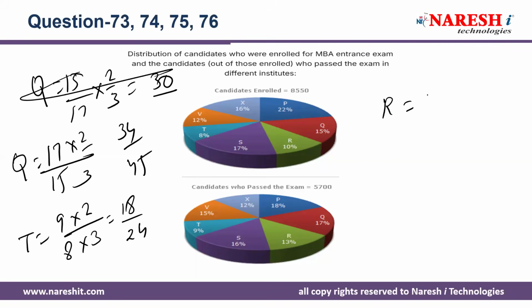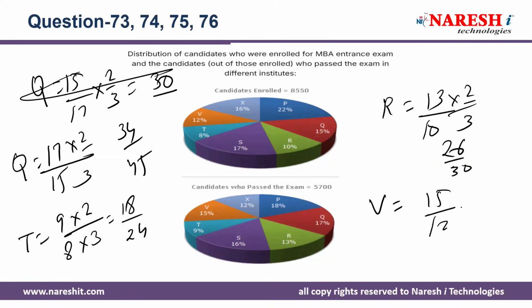R is 13 by 10 into 2 by 3, which is 26 by 30. Next, which is the last one? V: 15 by 12 into 2 by 3, which is 30 by 36. Right? Now tell me out of these four values, which has the smallest difference between numerator and denominator? R, and that's your answer.